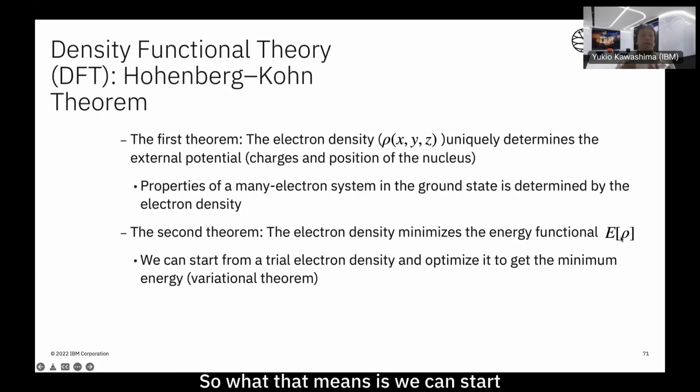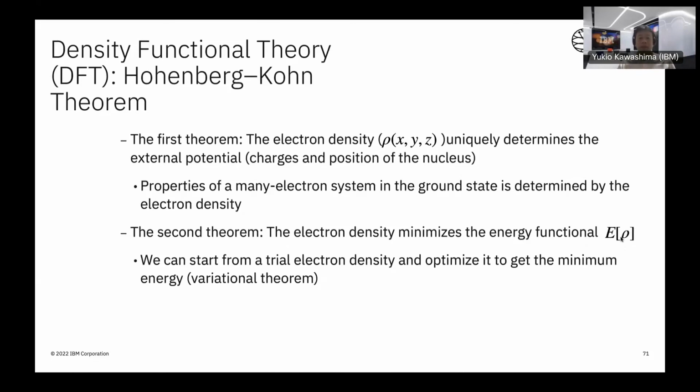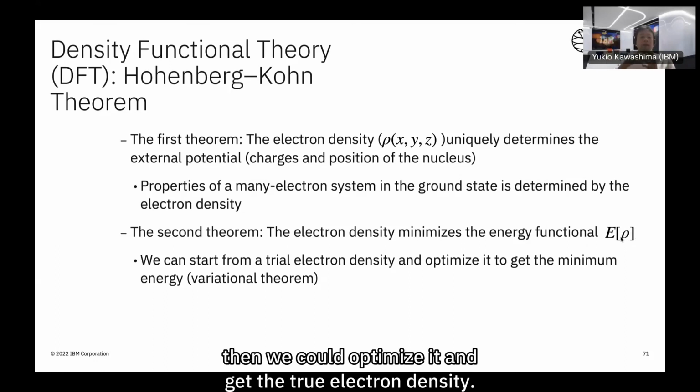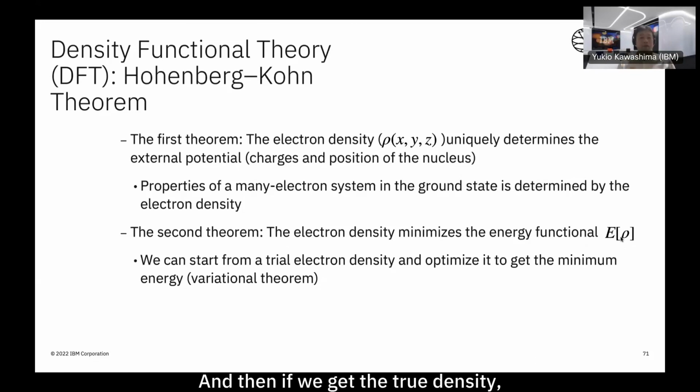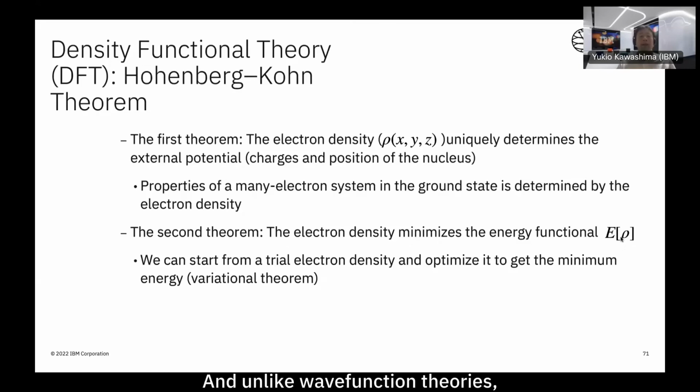So we can start from a trial electron density and optimize it to get the minimum using the variational theorem. If we know the functional, we can optimize it and get the true electron density, and then we can get all the properties of a many-electron system. Unlike wave function theories, this is extremely simple, so it's very appealing.